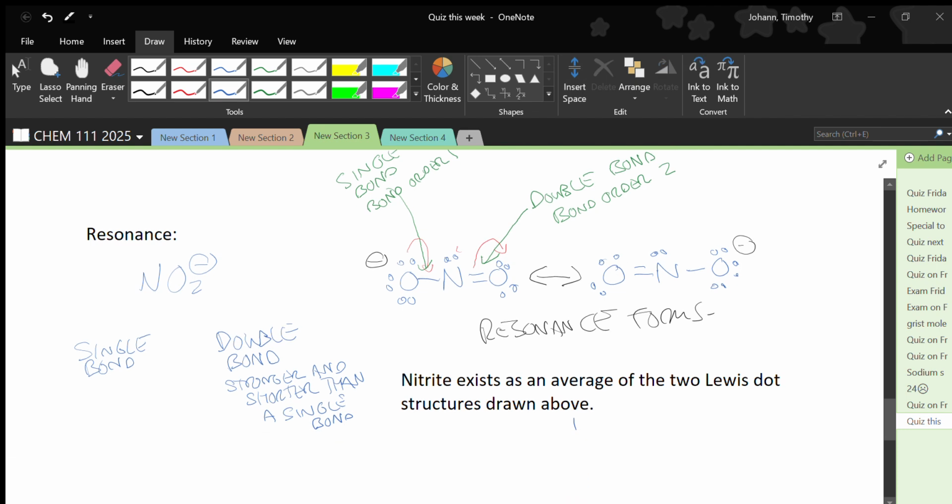So essentially the atoms are held tighter and closer together when you have a double bond. Does that make sense? And then a triple bond would hold them even closer and tighter.